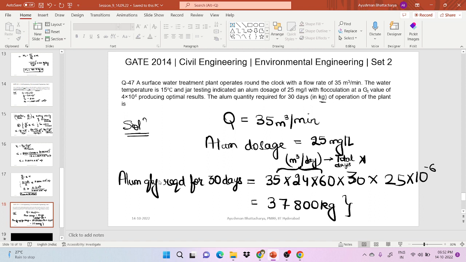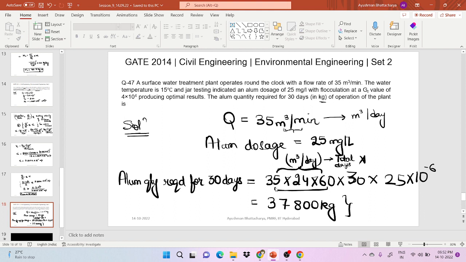So for the alum quantity required for 30 days, we will calculate 35 into 24. This is given in meter cube per minute, so we are converting it into meter cube per day.